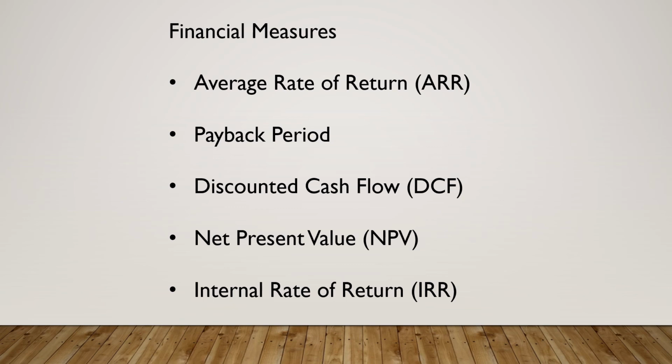Year 3, you take the $1,700 and multiply that by 0.7513 and come up with $1,277. Year 4, you take the $1,900, multiply it by 0.683, and you get $1,298. And then year 5, you take the $2,900 gain, multiply it by 0.6209, and get $1,801.